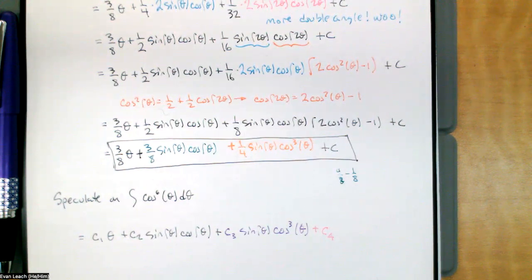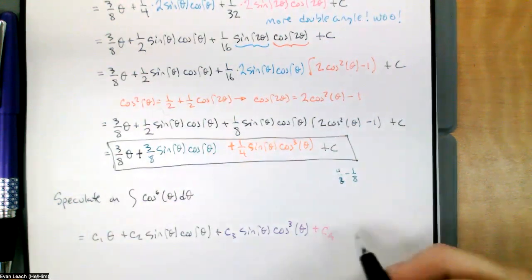Sine theta, cosine to the fifth. That seems to be kind of what's going on. We start off with a theta, sine 1, cosine 1. Then we had sine to the first, cosine to the third. So maybe that sine is just going to stick around. That's reasonable because of where this comes from, right? These double angle identities.